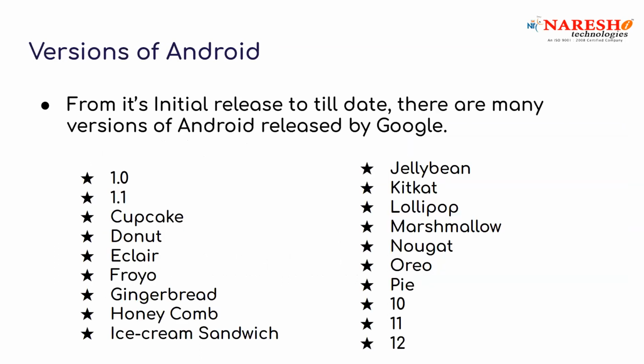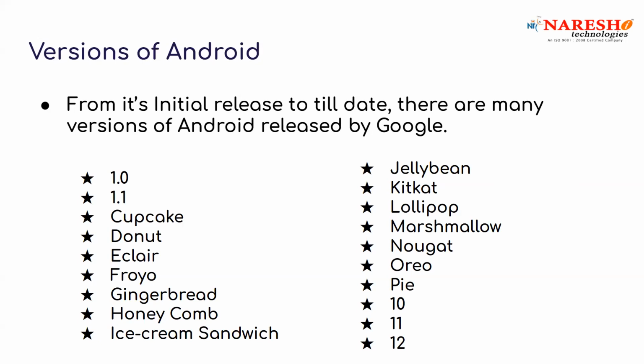From its initial release, Android has been released in multiple versions till today. After 1.0, 1.1 was also given as an update. After that, Google started giving its versions code names: cupcake, donut, eclair, froyo, gingerbread, honeycomb, ice cream sandwich, jelly bean, Kit Kat, lollipop, marshmallow, nougat, Oreo, pie.